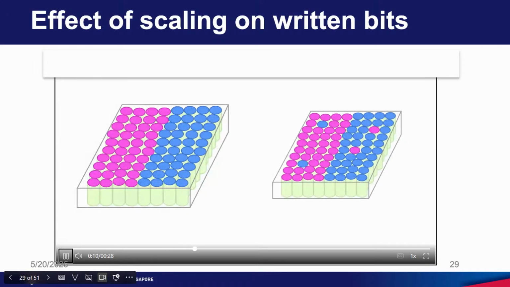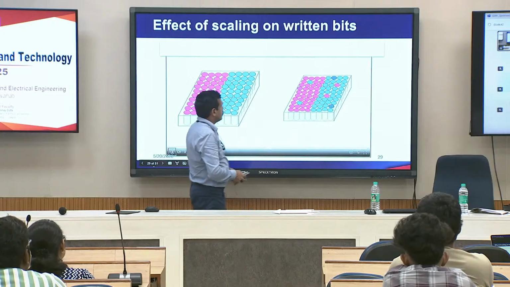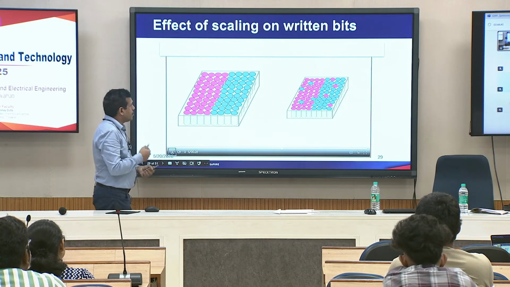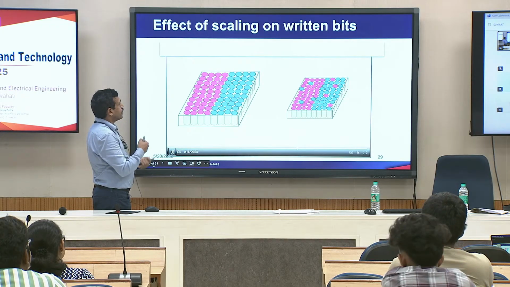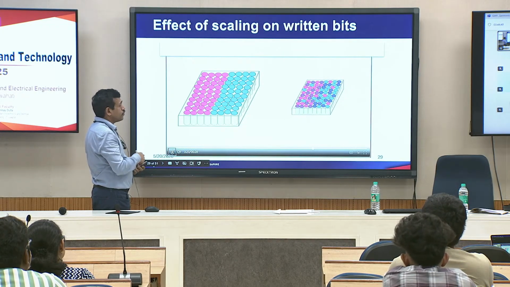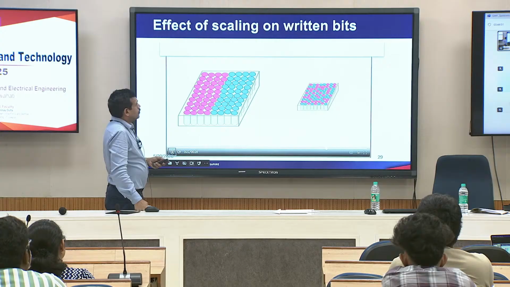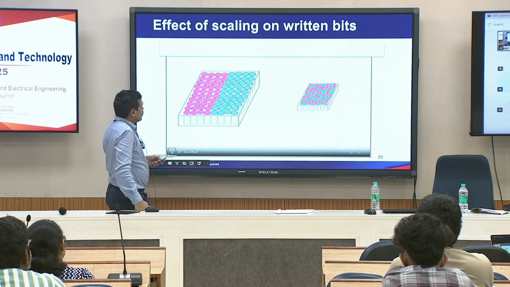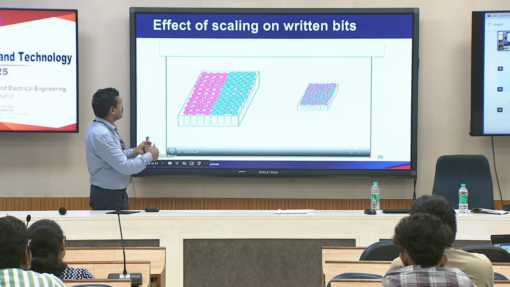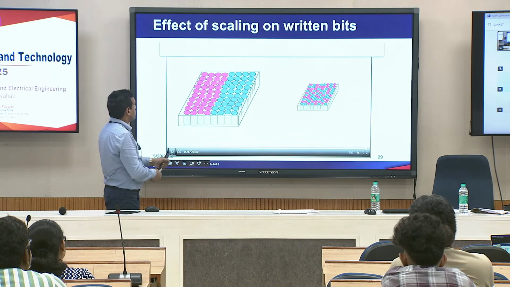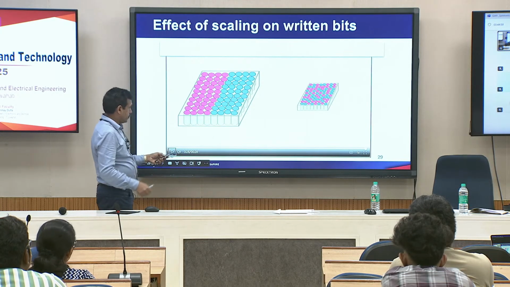As a result, the magnetization is not maintained. You can see some grains are flipping. If you make them smaller and smaller, more grains flip their magnetization because of the competition between thermal energy and anisotropy energy. So, there is a limit to how small you can make the grain diameter or the thickness.